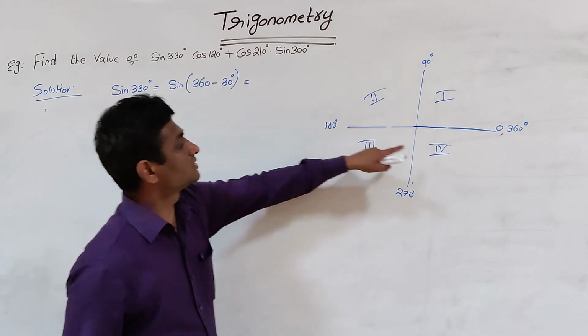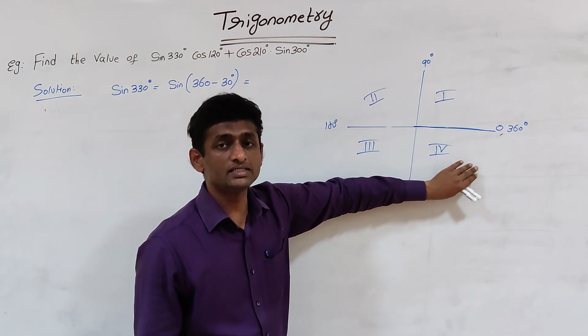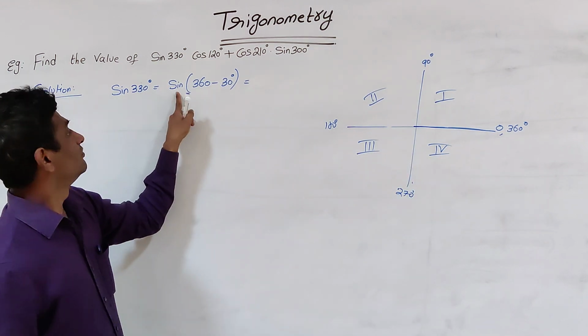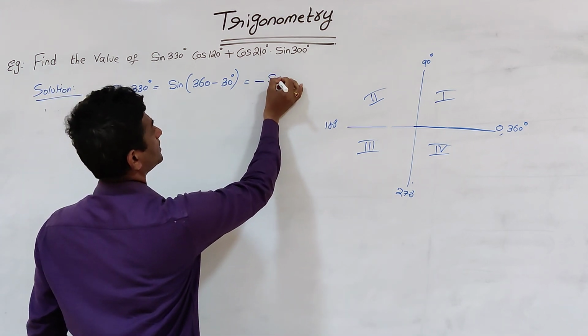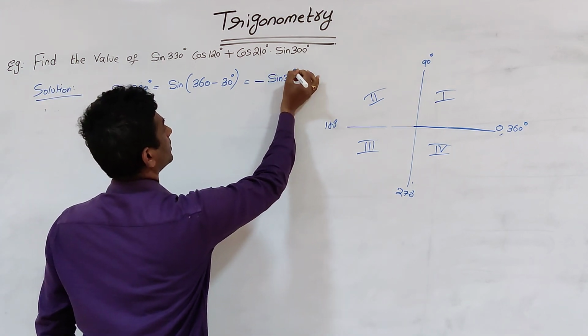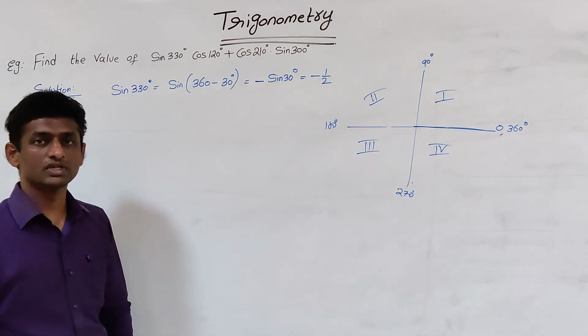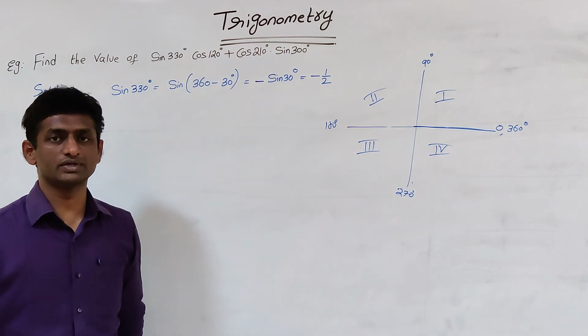So 360 minus 30 means the angle lies in the fourth quadrant. In the fourth quadrant, sine is negative. So it will be minus sin 30 degrees. The value of sin 30 is 1 by 2. As it is minus, it will be minus 1 by 2.